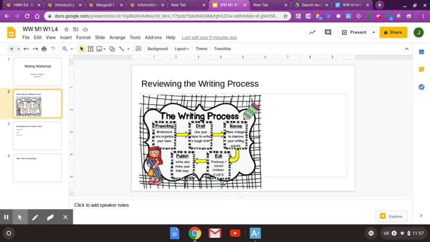This strategy helps us remember to check for capitals, underlined words that we need to fix, P, check for your punctuation, and S, check for your sentences. After you've worked through the editing process, that's when we finally get to our publishing stage. Publishing stage is when we write and share our final copy.